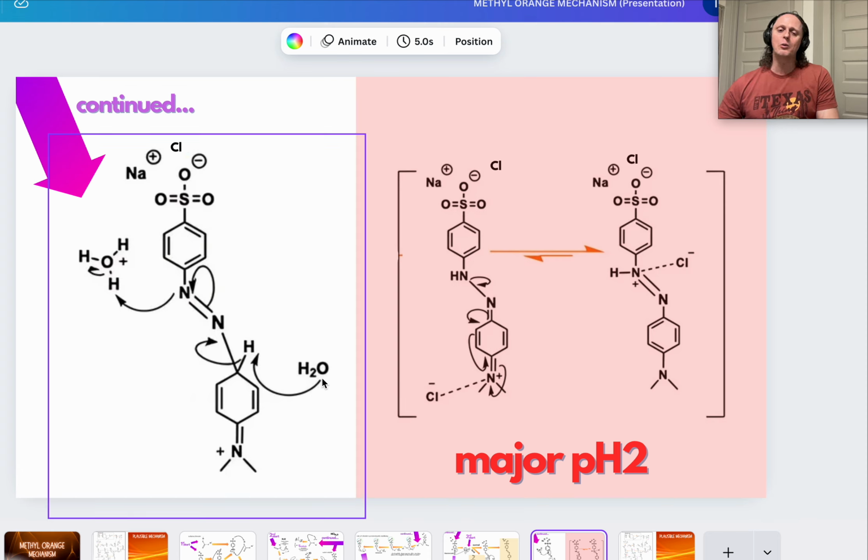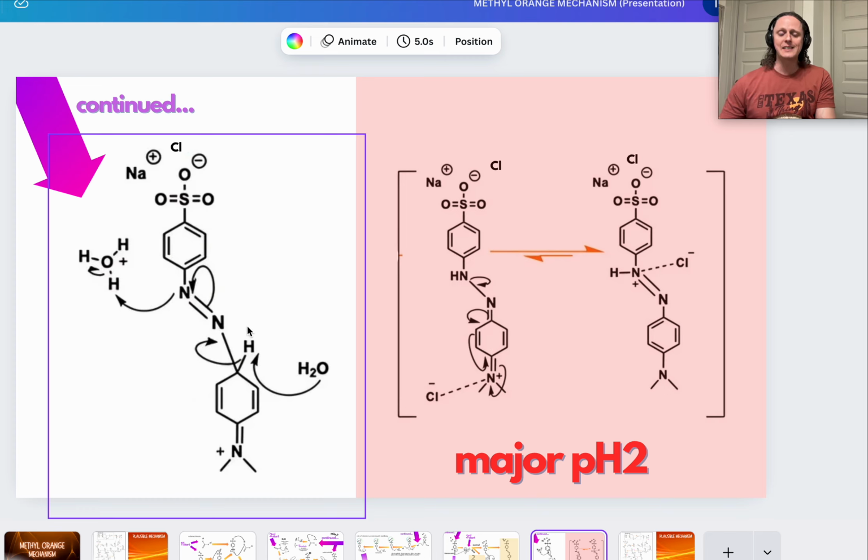So we have little water. Water isn't even all that basic, but the hydronium ion here is extremely acidic. So we've got water at one end, and we've got a very strong acid on the other side, a very strong hydronium ion. And this hydronium ion is going to be so acidic that it is going to pull all the electron density towards it so that that proton gets removed from it to form water.